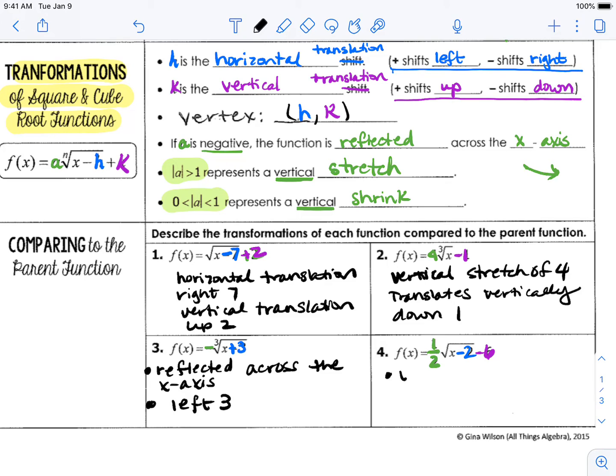So I'm going to have a vertical shrink of 1/2, and I'm going to shift 2 right, and then shift 6 down. Okay.